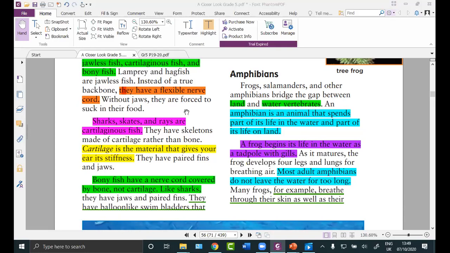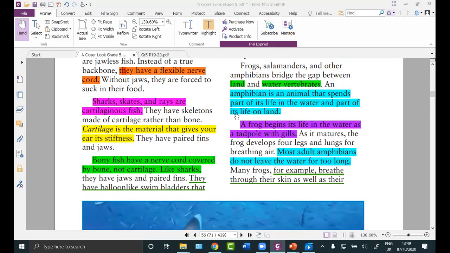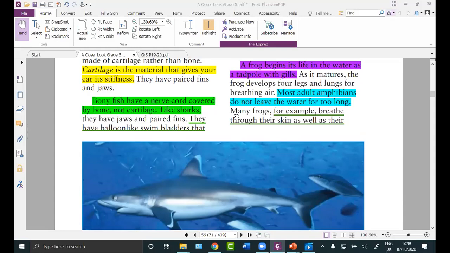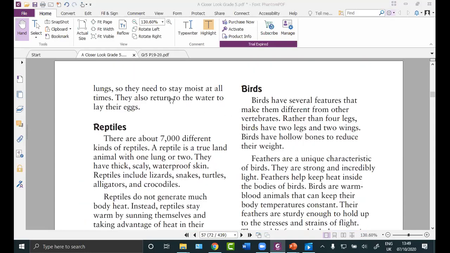Many frogs, for example, breathe through their skin as well as their lungs, so their skin must stay moist at all times. They also return to the water to lay their eggs.